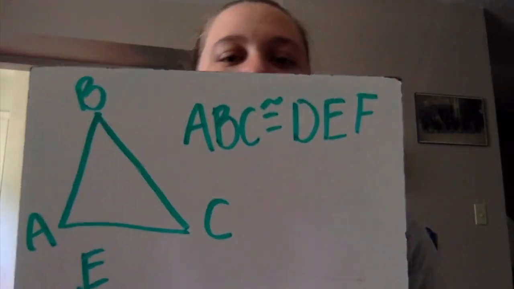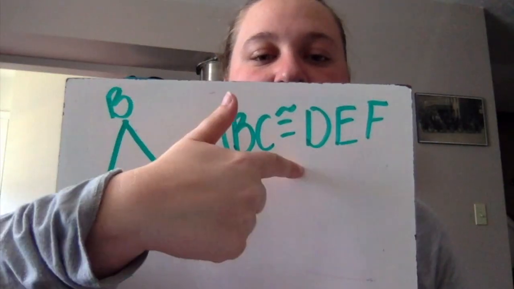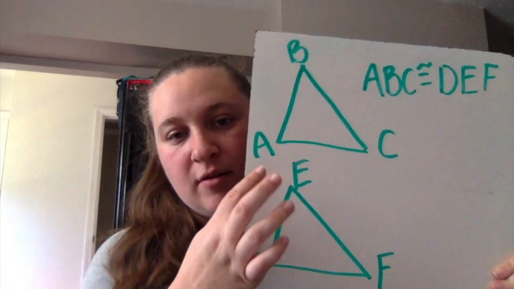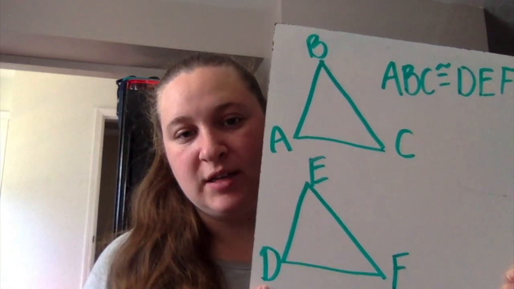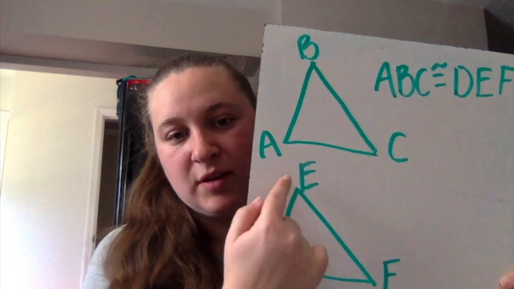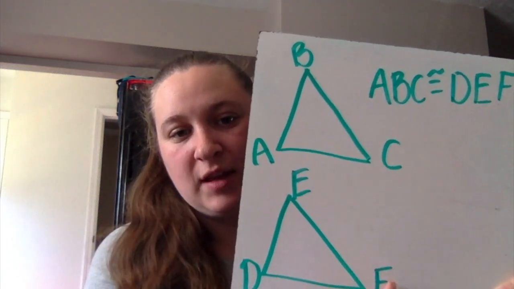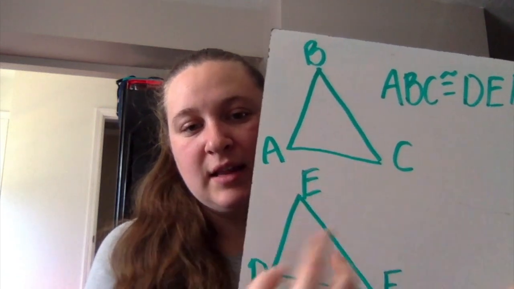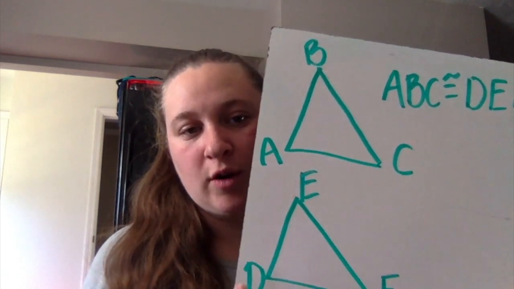So that's why here it says ABC is congruent to DEF, and the sides are all matching together. So A matches with D, B matches with E, and C matches with F. These all look like they belong on the same angles, and they go in the same alphabetical order. So that's the first thing I wanted to cover.